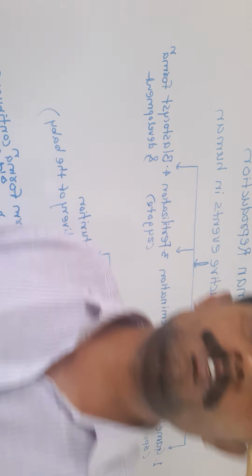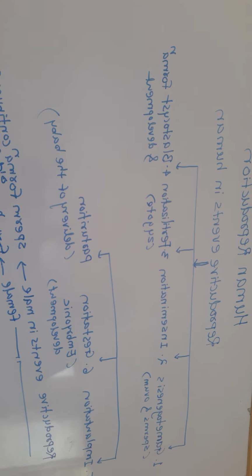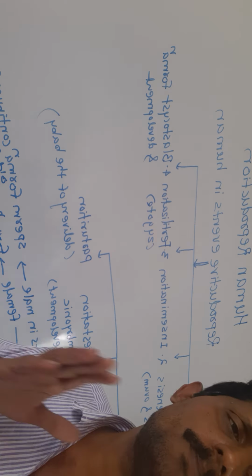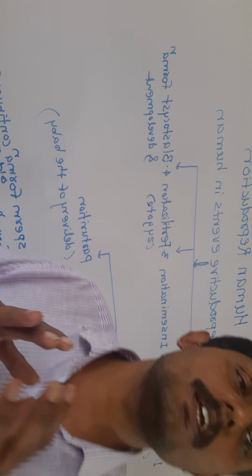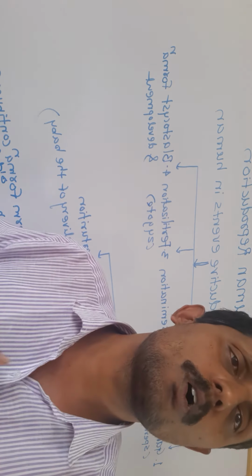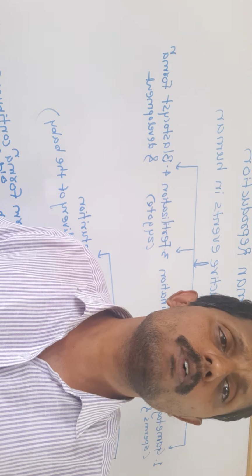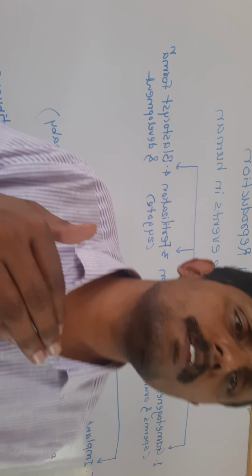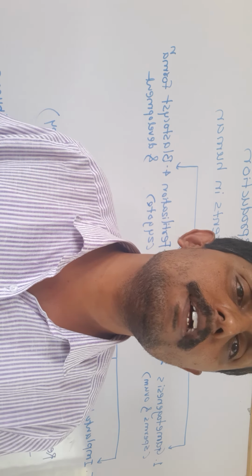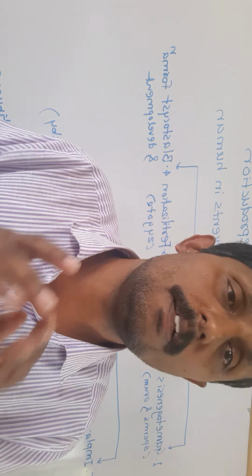All these 7 important events comprise the reproductive process. In this chapter we have to study all these important events one by one in detail.